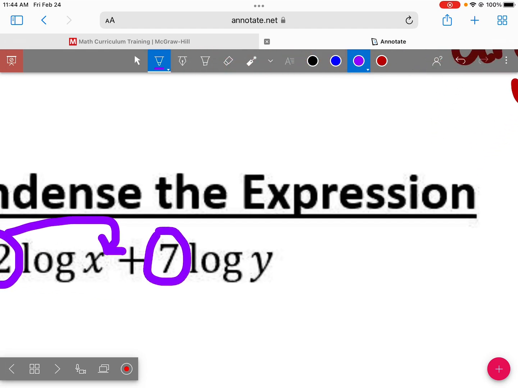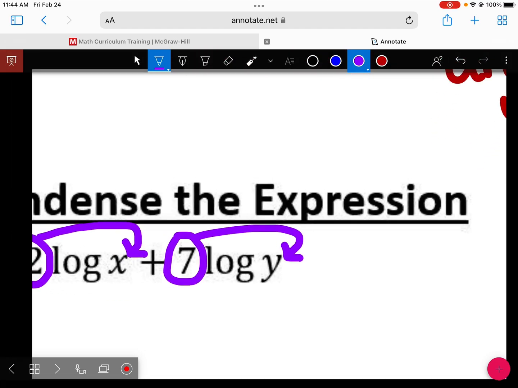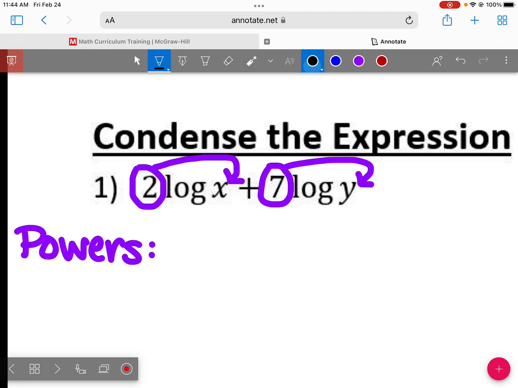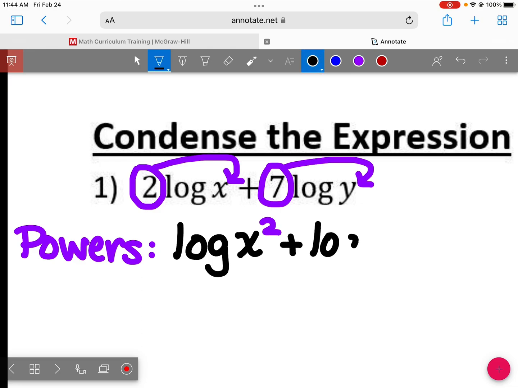And 7 becomes an exponent on the y. So I'm going to have log of x squared plus log of y to the 7th power. So far, so good? All right.